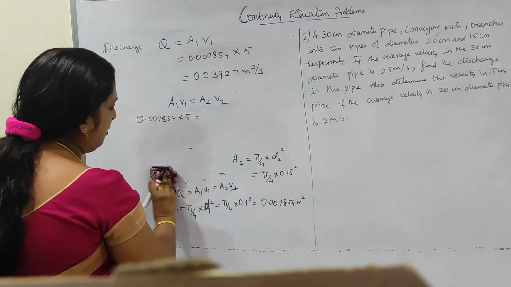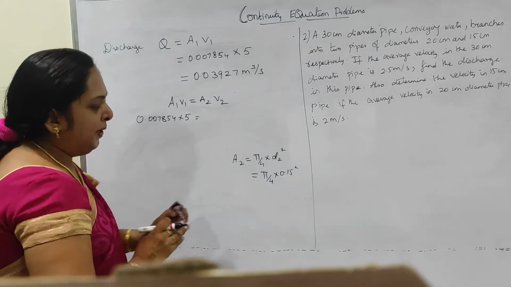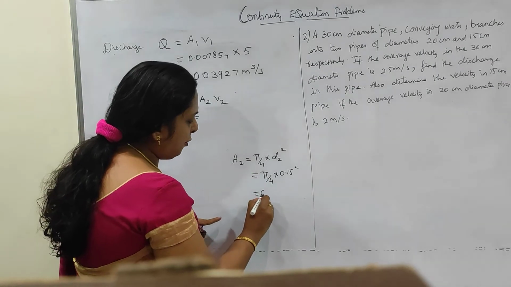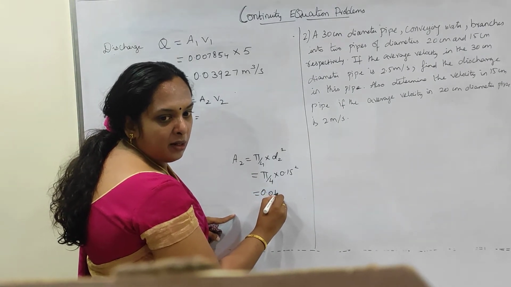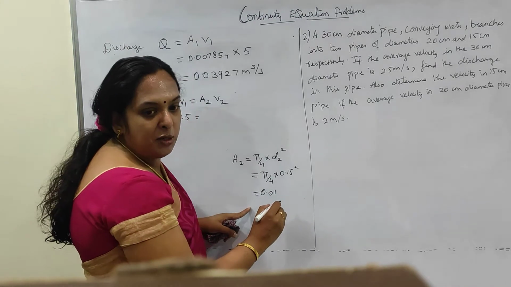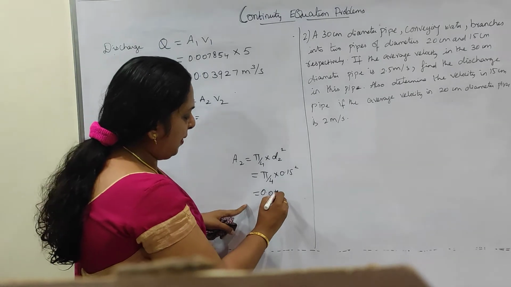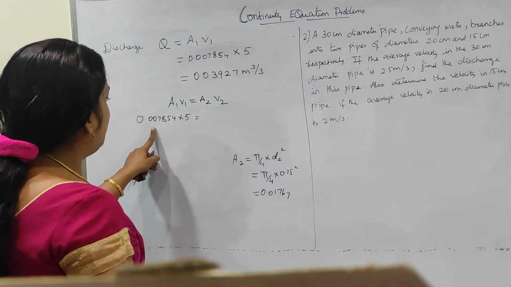When you substitute here, the area A2 you get is 0.01767 meter square.